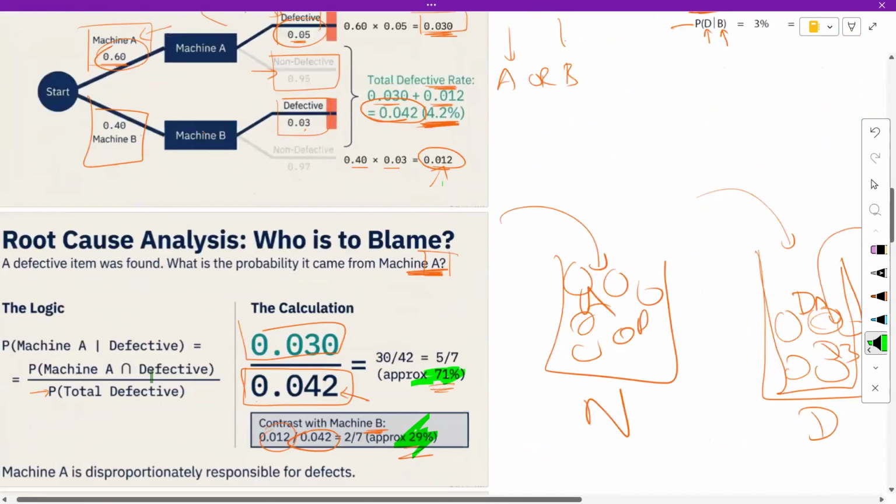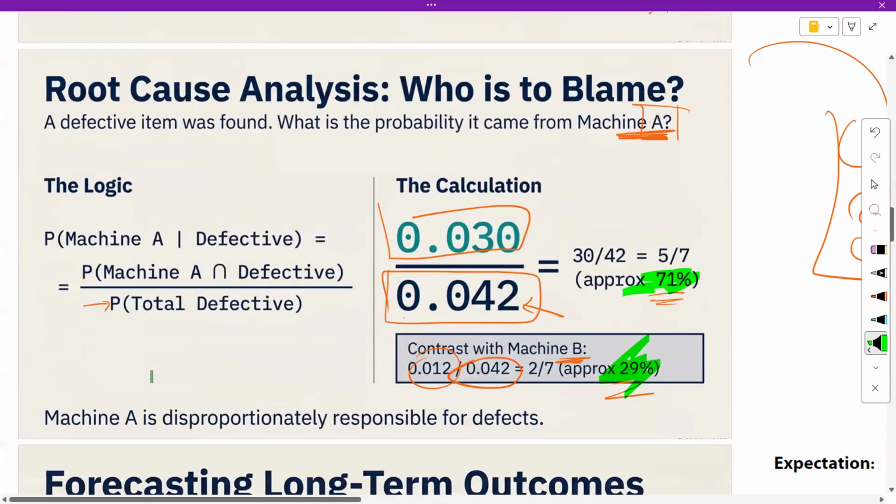So what do you want? You have to clearly understand what it means here. Probability of the item produced by machine A, subject to defective.